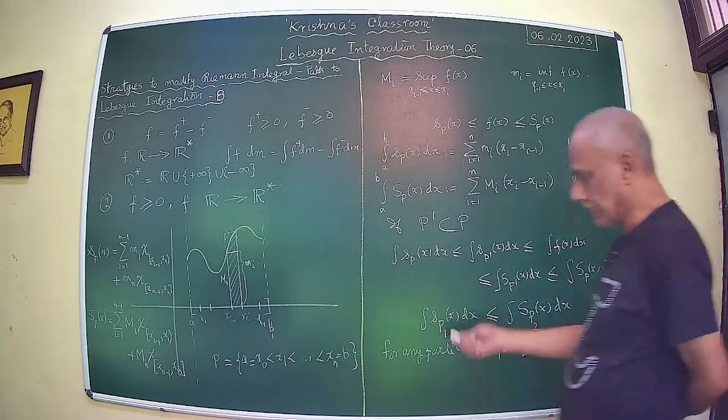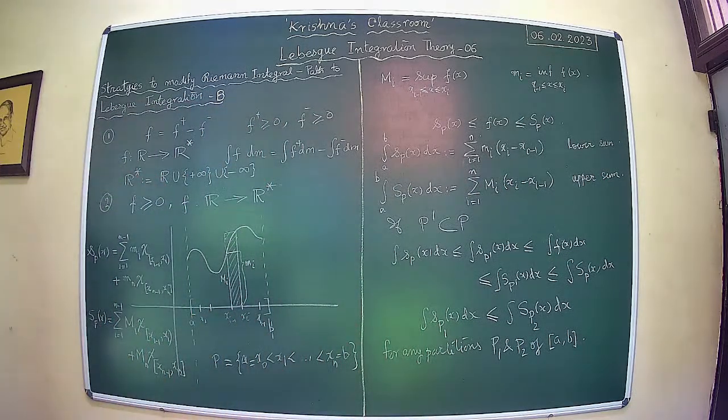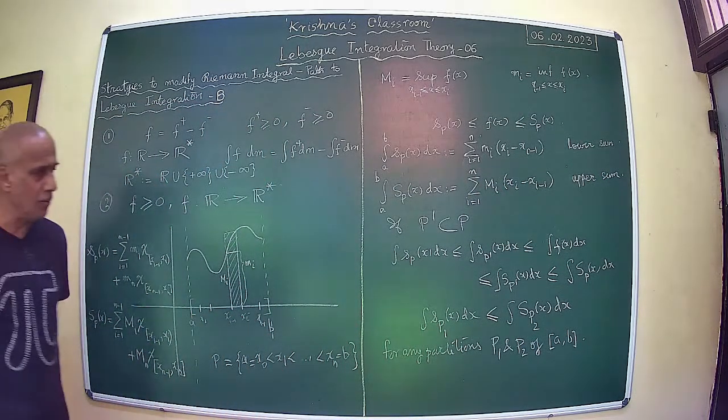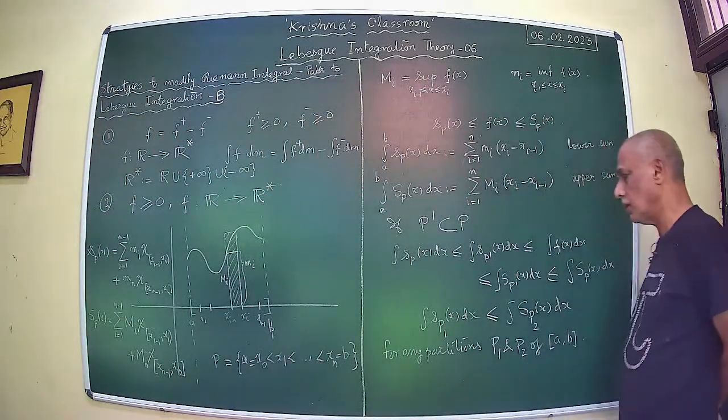That means all the lower sums are bounded above and all the upper sums are bounded below.